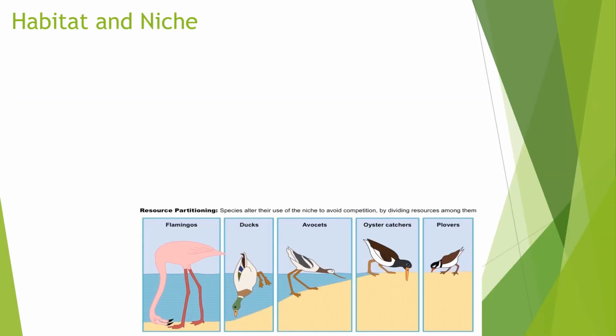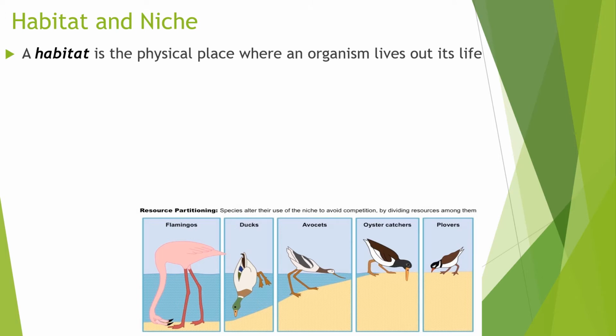So now that we've reviewed ecological hierarchy and how that fits in with ecology, let's go over some more ecology terminology, starting with habitat and niche. A habitat is the physical place where an organism lives out its life. It's got everything that it needs to live and succeed.